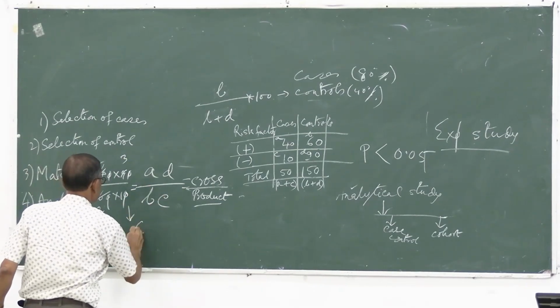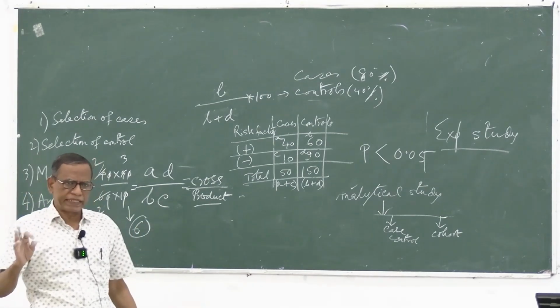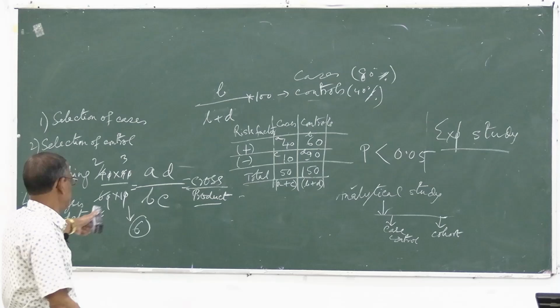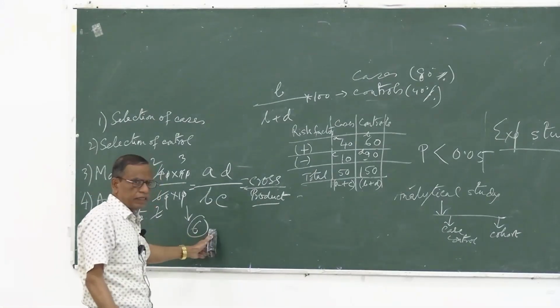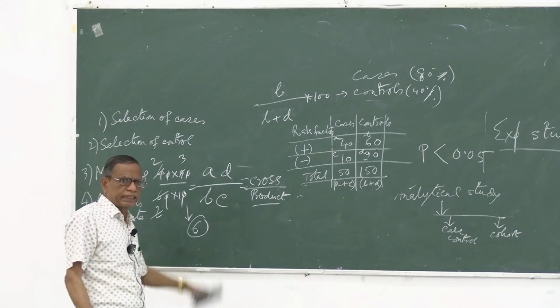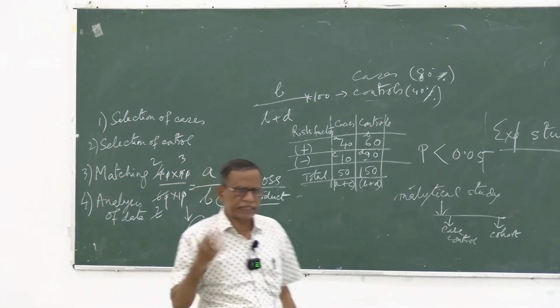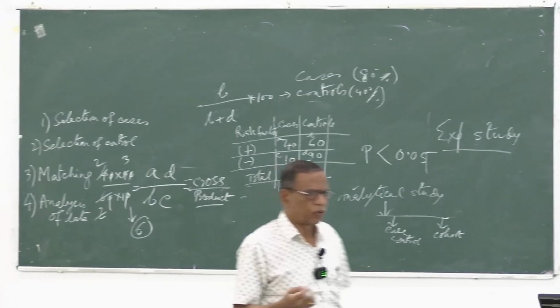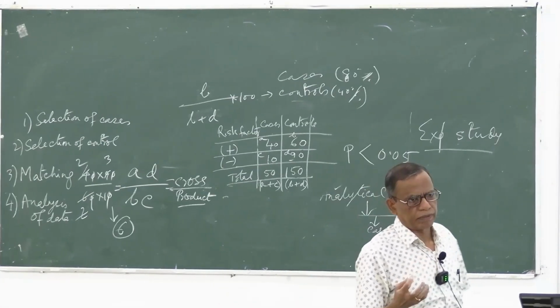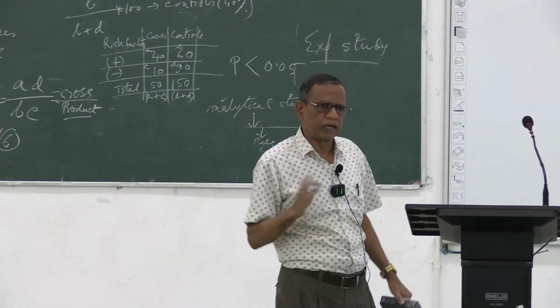How much does this come to? 6. So if you calculate AD by BC, you will see it comes to 6. What does it mean? It indicates that smokers are 6 times more prone to develop lung cancer in comparison to non-smoker. Clear?